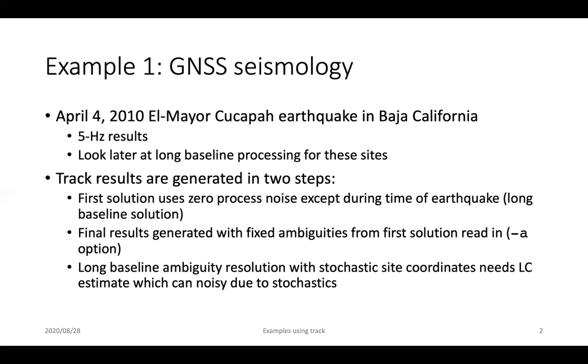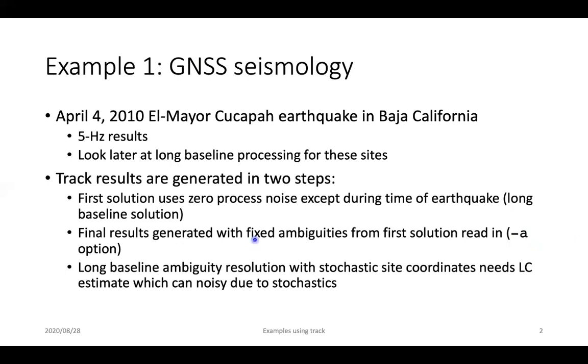Now this helps with fixing the ambiguities or helping to estimate the ambiguities in a preliminary run. And once we have done that, the second run, the final results, will be generated by feeding back into Track the estimates of the ambiguities from the first solution using this -a option. Or there's also an option in the Track command file that can allow you to read in an ambiguity estimate list.